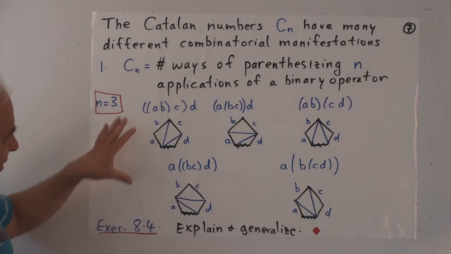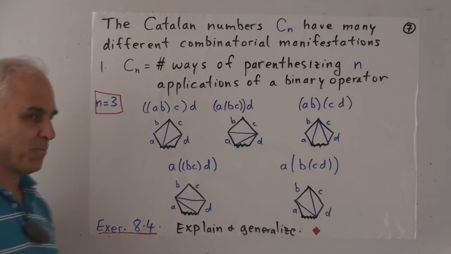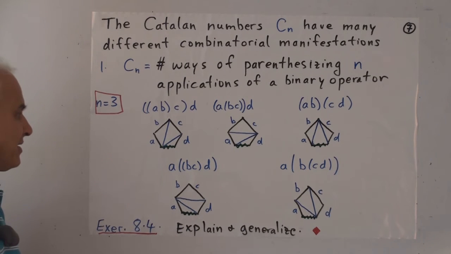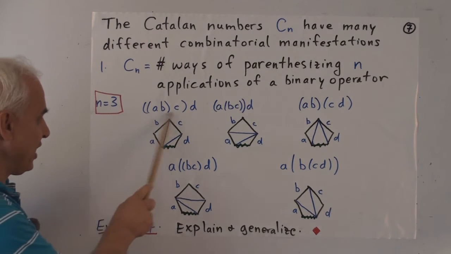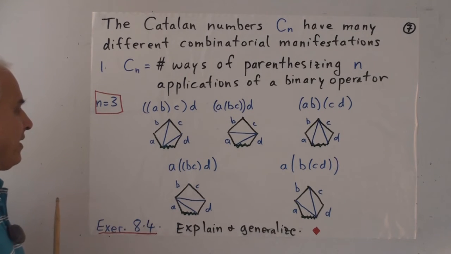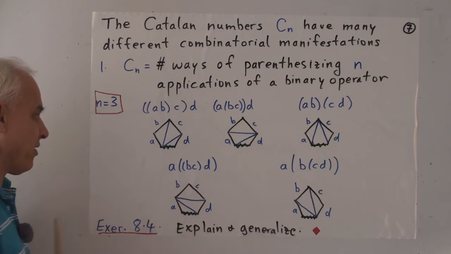And to give you an idea of why this might be the same as Euler's triangulation kind of counting scenario, I've associated to each one of these multiplications a pentagon with a triangulation and sort of as a base side here on the bottom.